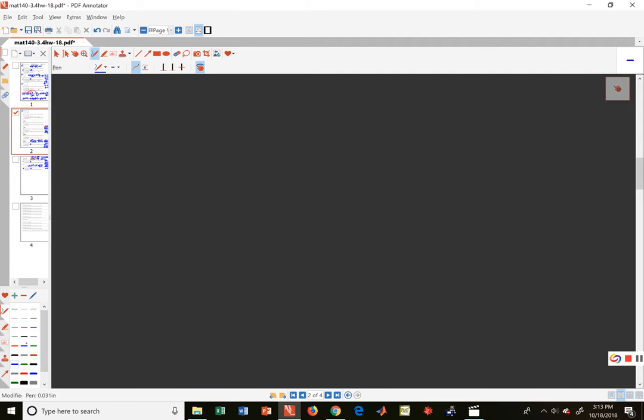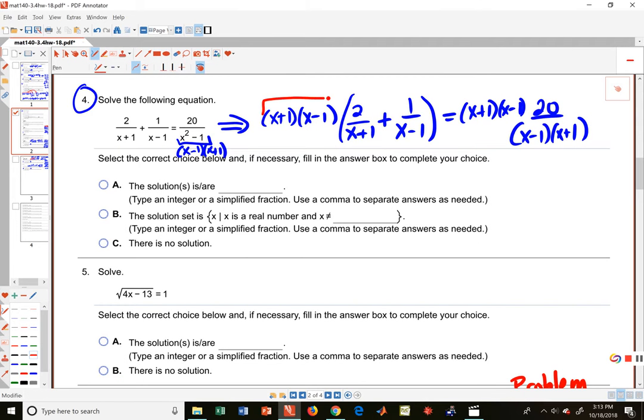So when this distributes in here, it's going to cancel just the x plus 1 with that one, and then this one's going to cancel with that one, and this one cancels completely with that, and this one cancels completely with that.